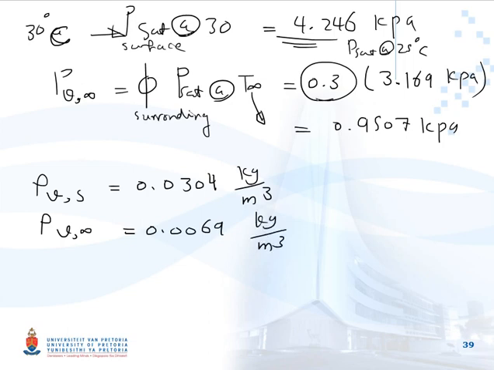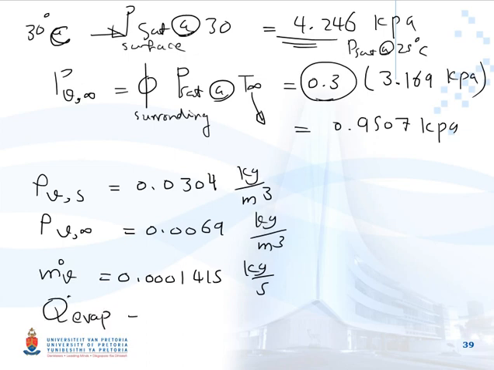If we put it into the correlation, m dot v will be equal to 0.001415, and Q dot evaporation is equal to 344 watt.